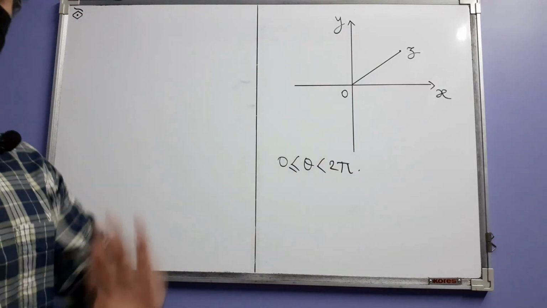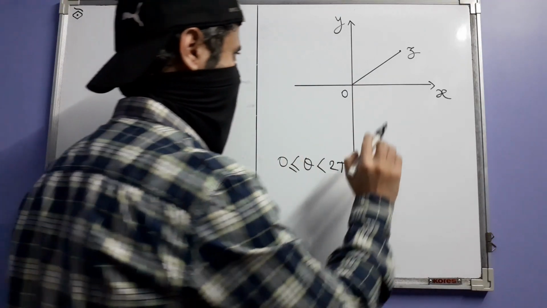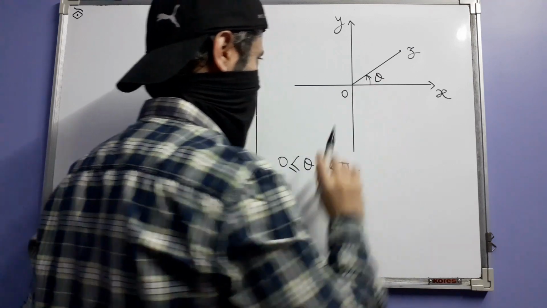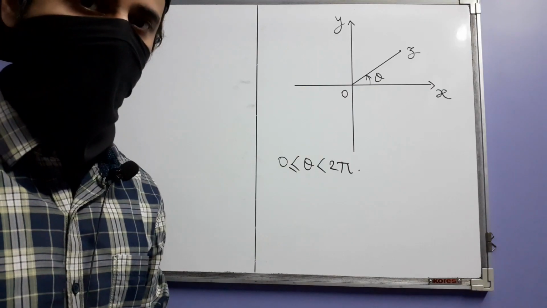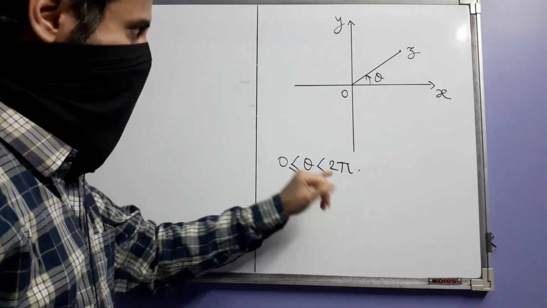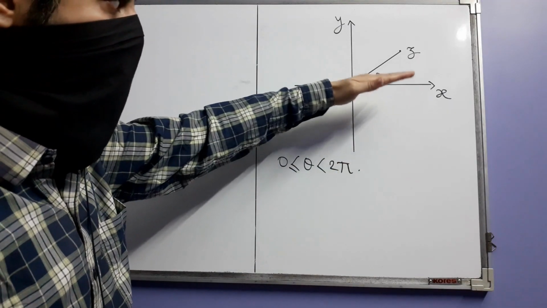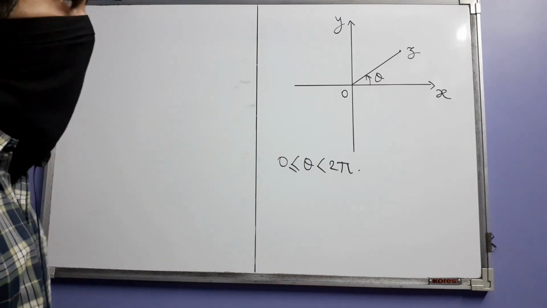Then for this type of location, if the complex number lies in the first quadrant, this is your theta. Note that I am showing an arrow also because my rotational angles need to be non-negative. They cannot be negative, so I need to always have anti-clockwise rotation, not clockwise rotation.